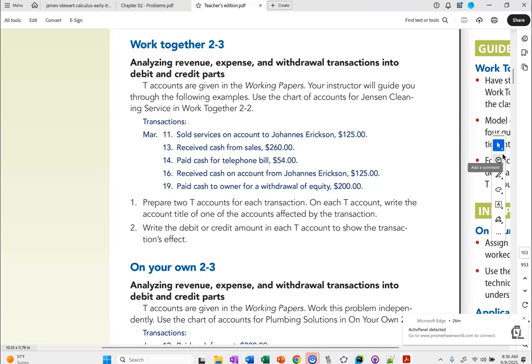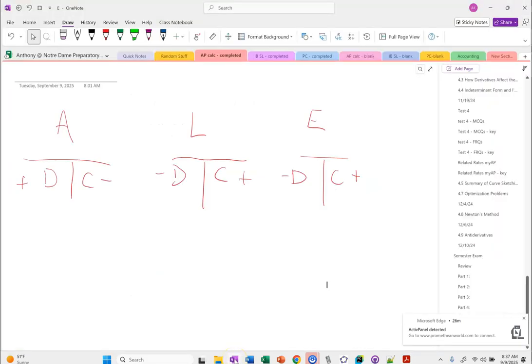So the $125 should be a debit, on the left. Sales is an equity class, so the $125 should be a credit on the right. Remember, for liabilities and equities, the pluses are credits. Like going back to this picture here, right?